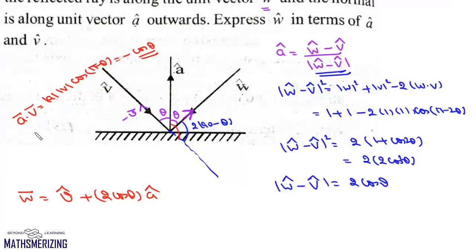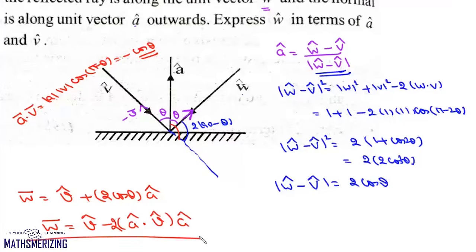So we can write cos theta as minus a dot v. So this w will be vector v and then minus a dot v into 2 and into a cap. So that is w in terms of a and v. So the correct answer is v minus 2 times a dot v into a cap.